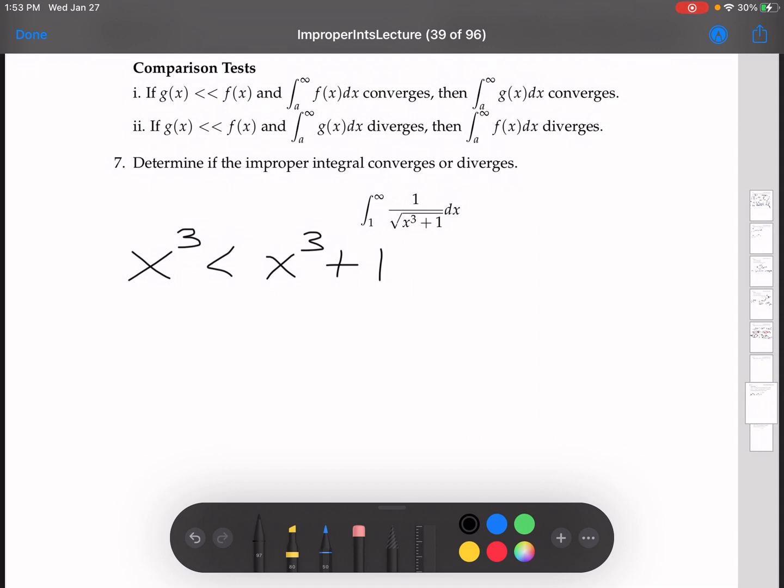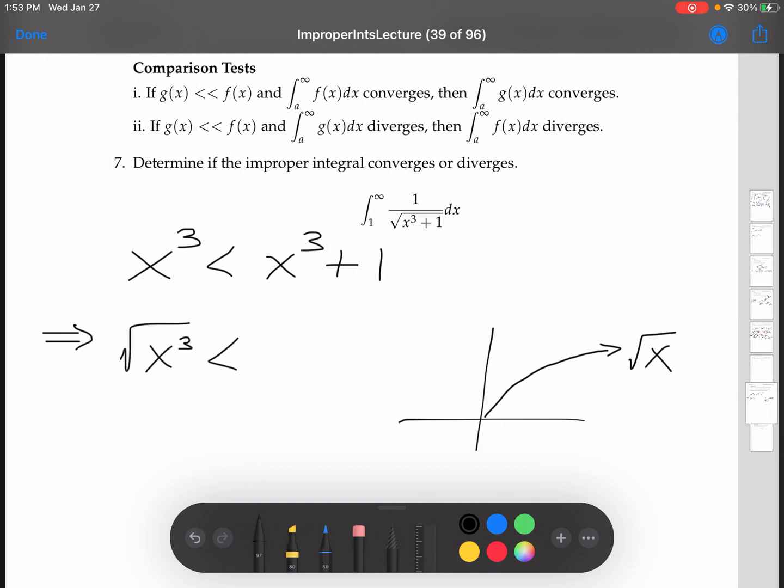Now, taking square roots doesn't change the sign. This is because the square root function is strictly increasing. And so then we can say this tells us that the square root of x cubed is less than the square root of x cubed plus 1.